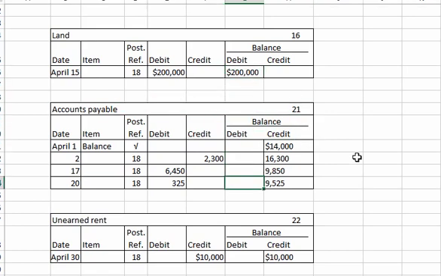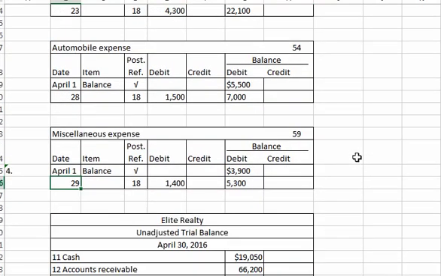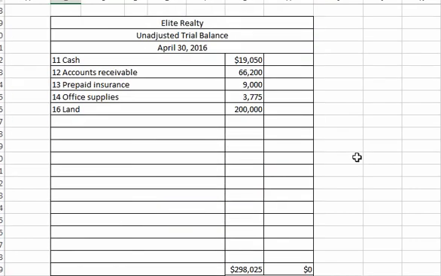Accounts payable is a credit balance for $95.25. We come over to the credit column to enter its balance.